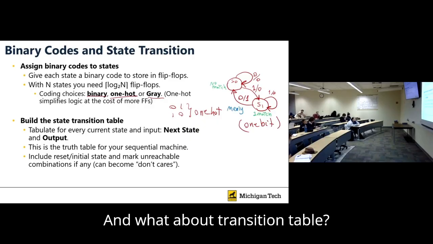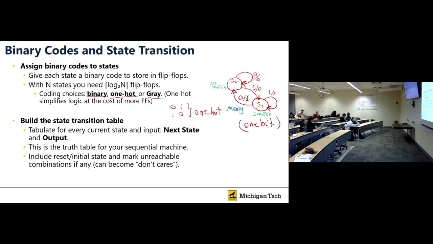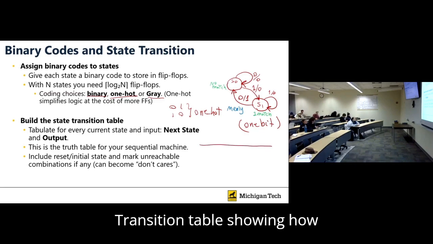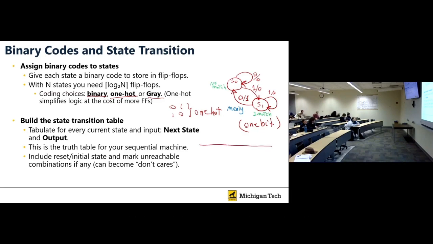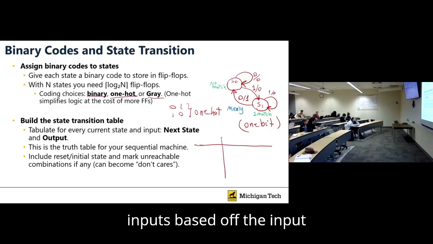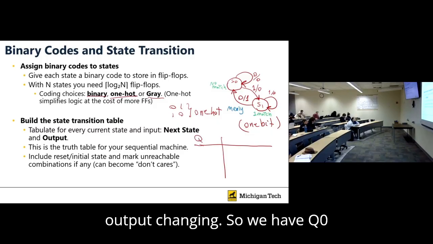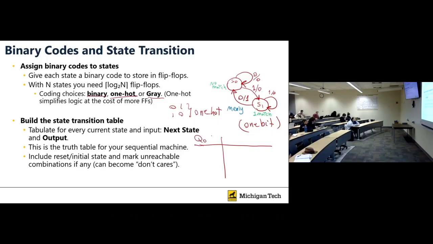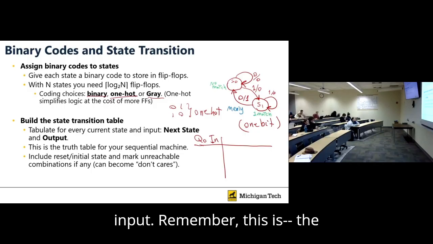And what about the transition table? The transition table shows how, based off the input, the output changes. So we have Q0 and input. This is the example with input.